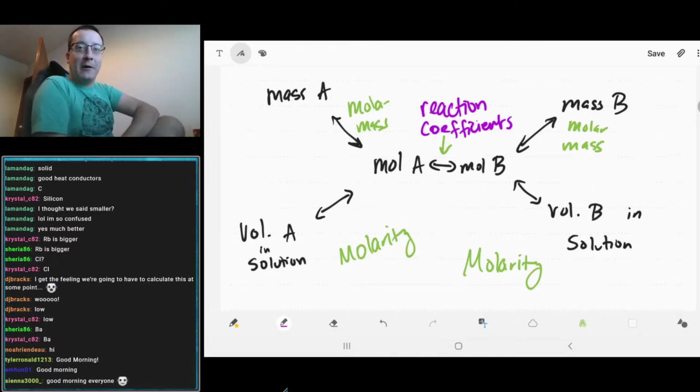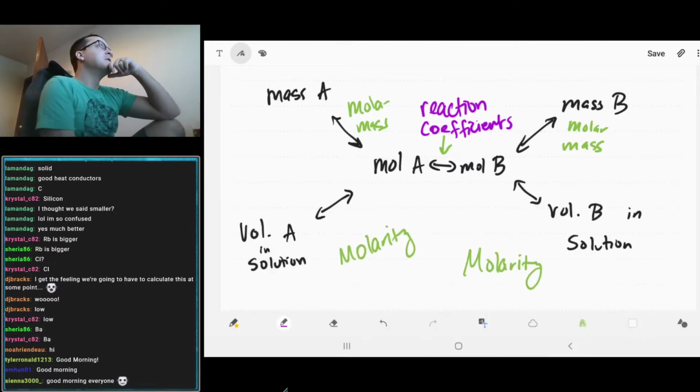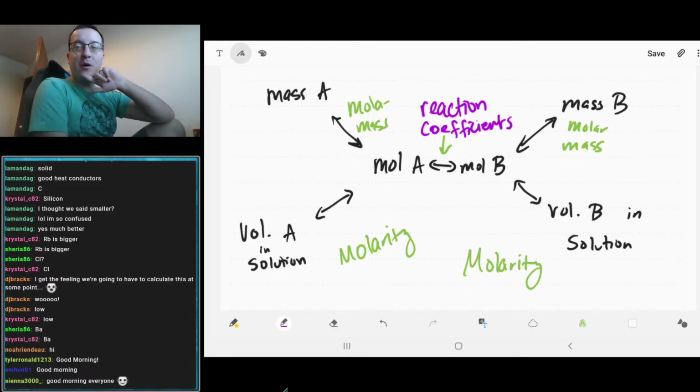So, we now have two more little things we can do to mess with our math when it comes to reactions. So let's go ahead and do an example. So I'll just leave this up for a second. Basically, we are going to keep adding onto this chart. We're going to have one more thing to add on to it later on.